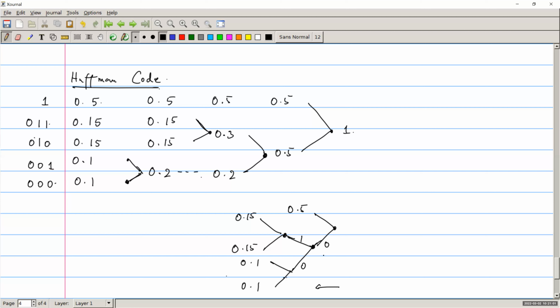This is the optimal code. No matter how you construct a code, you cannot beat the Huffman code in terms of expected code length.